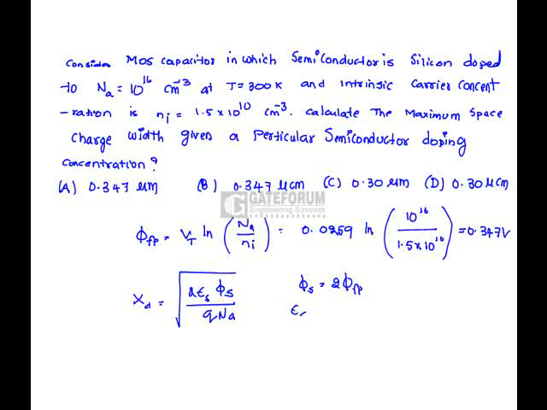Epsilon s is nothing but epsilon naught into the relative permittivity of silicon, which is 12. Q is the charge of an electron. If we substitute the given values, we will get the space charge width as 0.30 micrometers, which is option C.